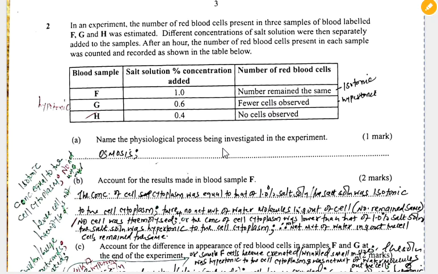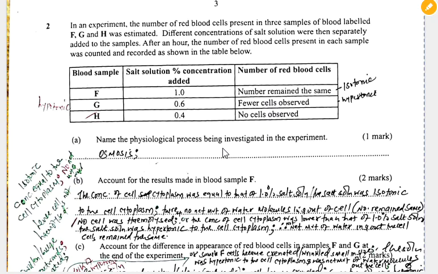After an hour, the number of red blood cells present in each sample was counted and recorded as shown in the table below. The first column is the blood sample F, which was added or put in a salt solution concentration 1.0. Then the number of red blood cells remained the same.